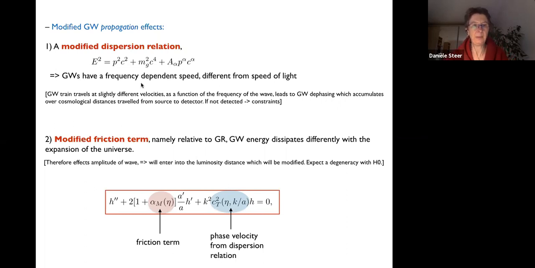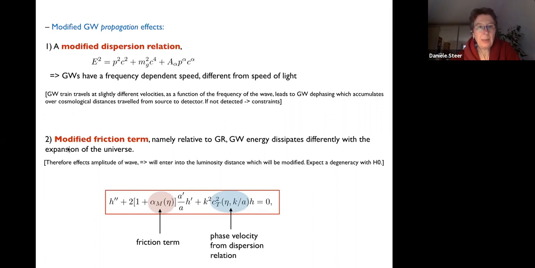The result of that is that gravitational waves have a frequency-dependent speed, which is different from the speed of light. And that has observational consequences. It means that the gravitational wave trains will travel at different velocities as a function of the frequency of the wave, and it leads to dephasing. This dephasing can actually be big over the large distances traveled from the source to the detector. And if you don't see any dephasing of the gravitational waves, then it gives you constraints.